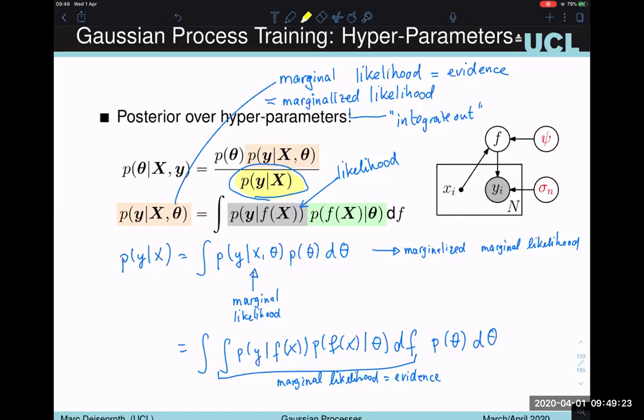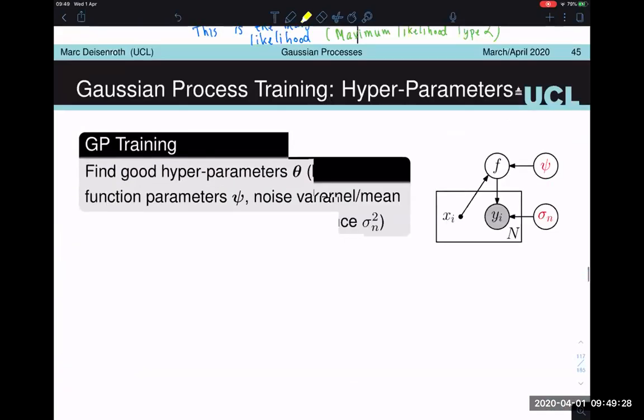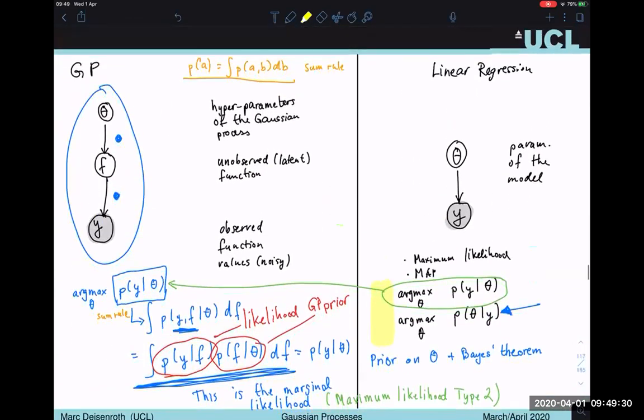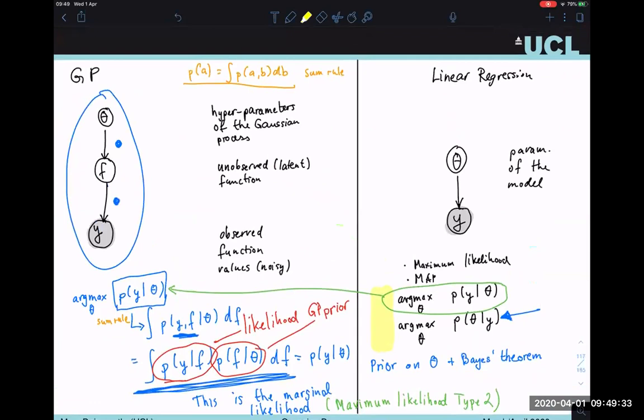Then there's also a question about what the role of theta is. Previously we said theta are the parameters of the linear regression model. Now these parameters turn into hyperparameters. Something turns into a hyperparameter if you add an additional latent variable or unobserved quantity between the previous parameters and your observed data.